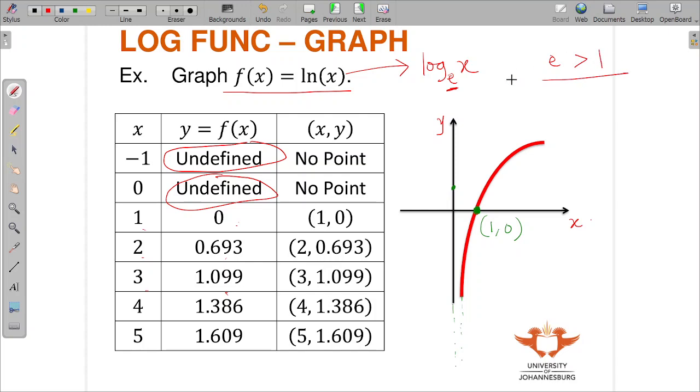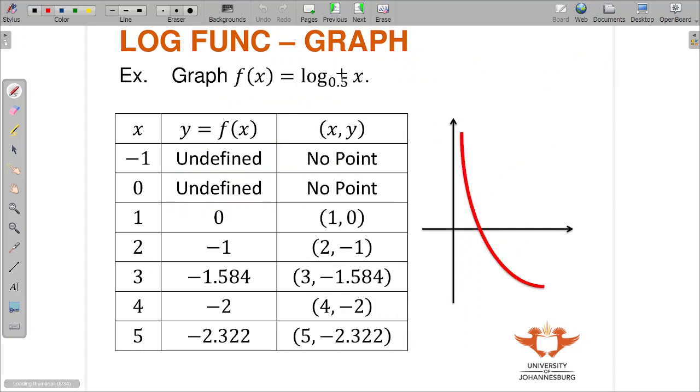But the value of e is greater than 1. Don't forget that. Now, let's see another graph where the base is less than 1. Again, there's no value for this. When we plot the graph, we still have the same intercept, which is (1, 0).